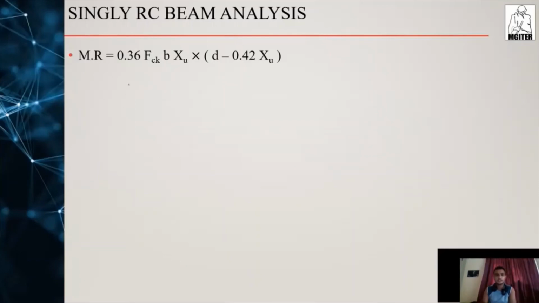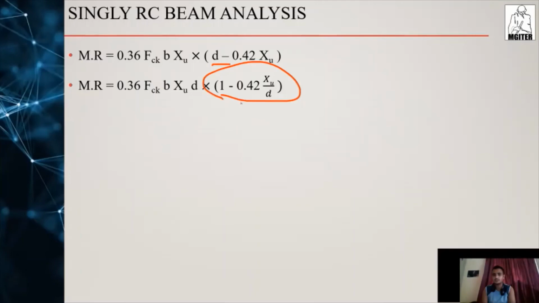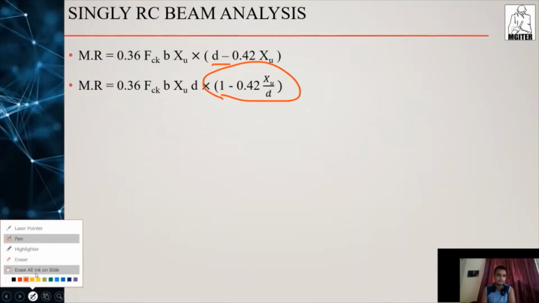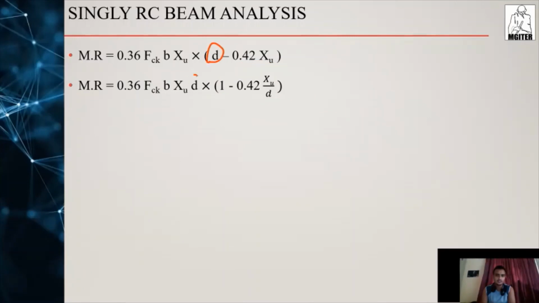So here is the equation: 0.36 fck b xu, and here is the lever arm equation. Compression is only resisted by the concrete, so fck. Compression force is only resisted by the concrete, so fck. Then you find this equation: 1 minus 0.42 xu divided by d. Look at here, d comes here.